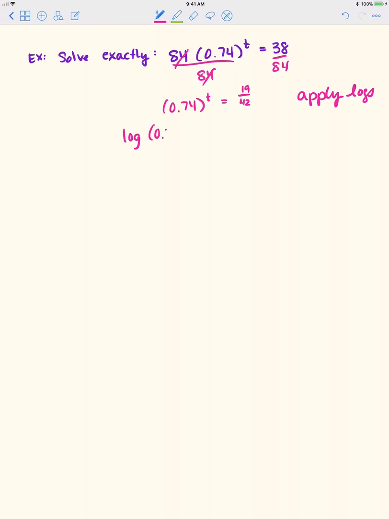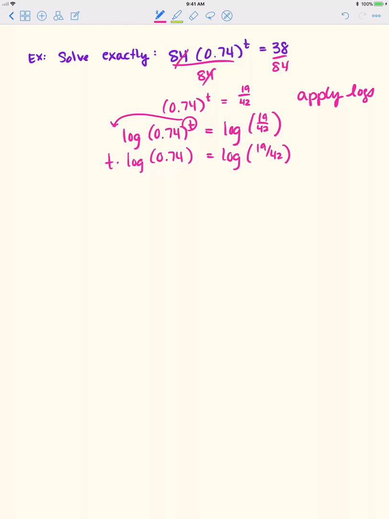So I'll take the log of 0.74 to the t power equals the log of the fraction 19 over 42, or 38 over 84. It'll be the same answer. Bring the exponent down front as a product. So you have t times the log of 0.74 equals the log of 19 over 42.